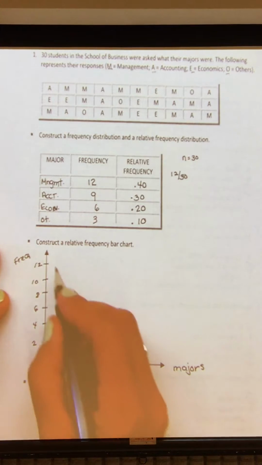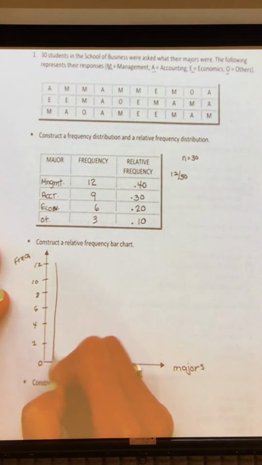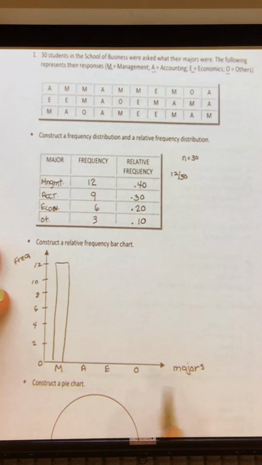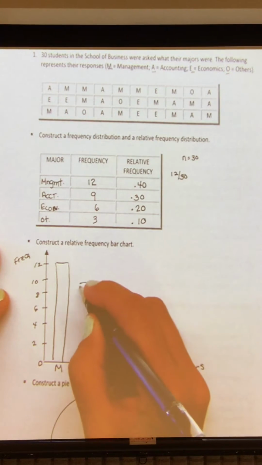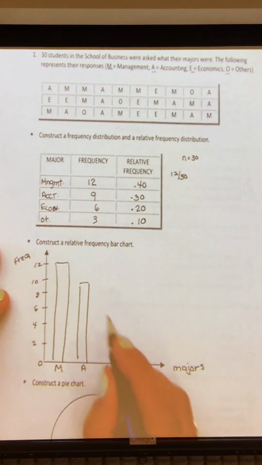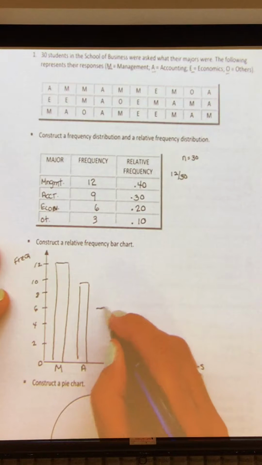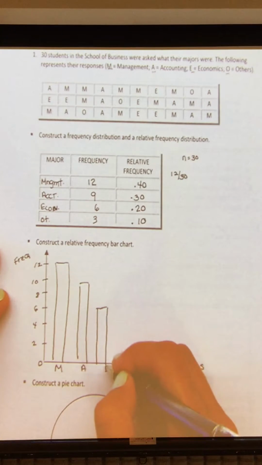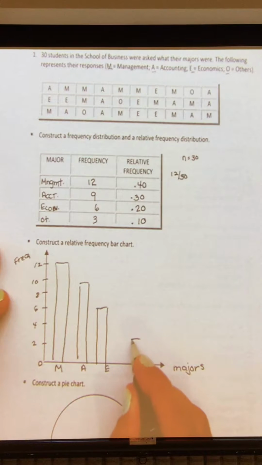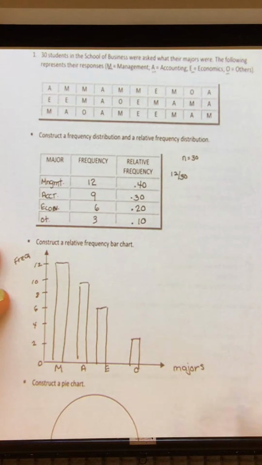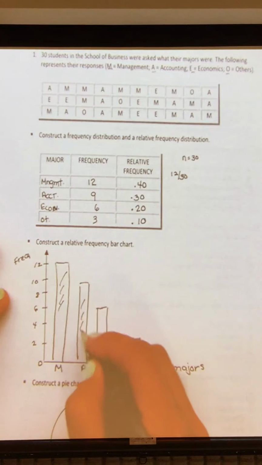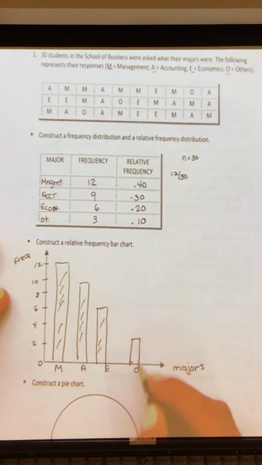For management, you have 12. For accounting, you have 9. For economics, you have 6. And for other, you have 3. And that is what your bar chart looks like.